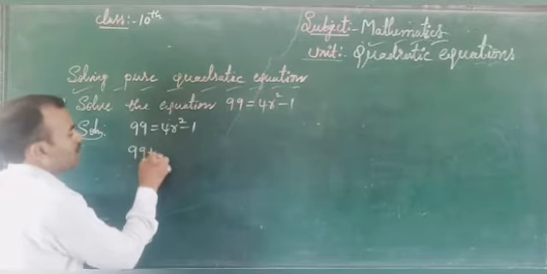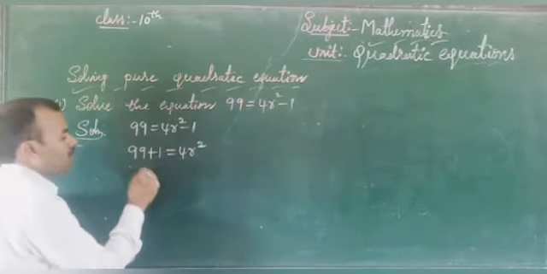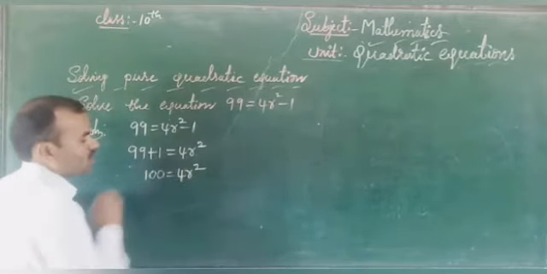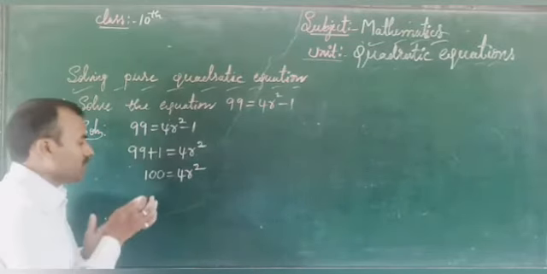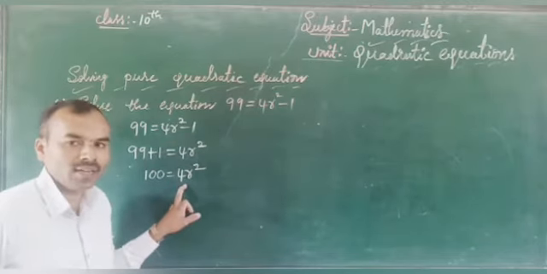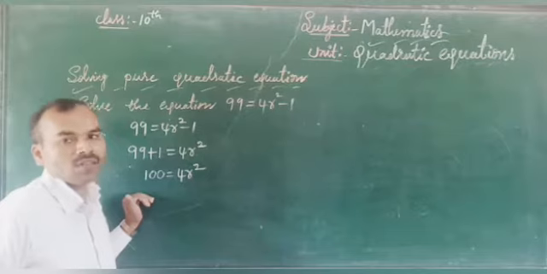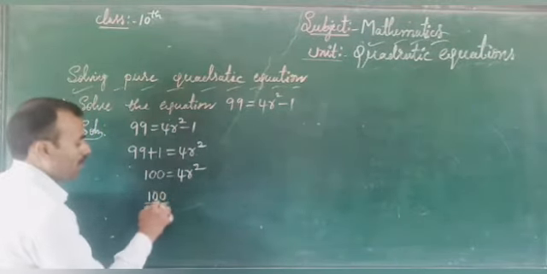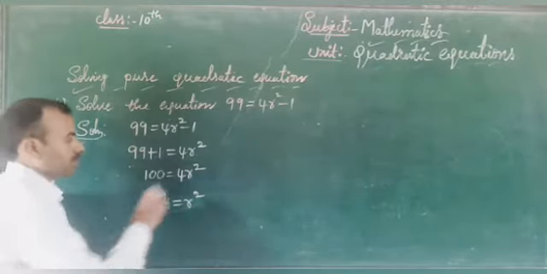It is 99 plus 1 equals 4r square. 99 plus 1, 100 is equal to 4r square. Next transpose 4 into the LHS. Here it is multiplied, so it is written in the denominator. So 100 by 4 is equal to r square.